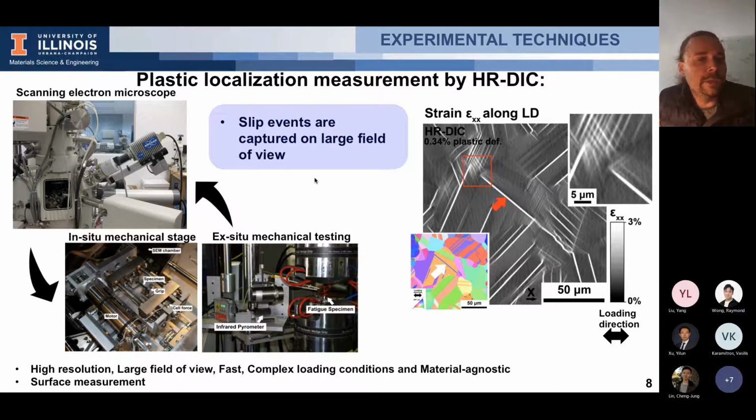You can couple this measurement with in situ testing, or even ex situ testing if you want to do more complex testing such as fatigue loading. What you obtain at the end is the strain field at the surface of the specimen during deformation. And you can relate this to the microstructure if you use, for instance, EBSD measurement.